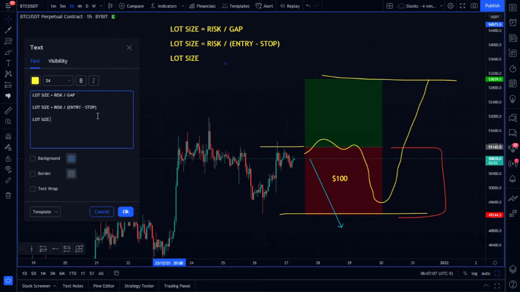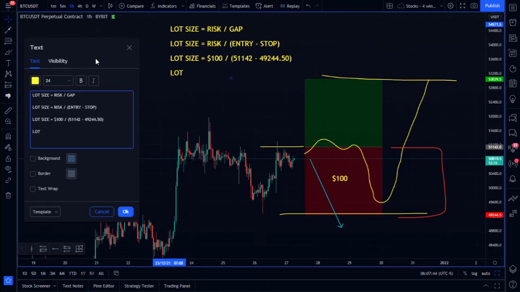Lot size equals the risk. $100 is what we want to risk, divided by our entry price. Now we can see on the right there on the price scale, grey is the entry, green is the take profit, and red is our stop loss. So entry price is $51,142 minus the stop price, which is $49,244.50.